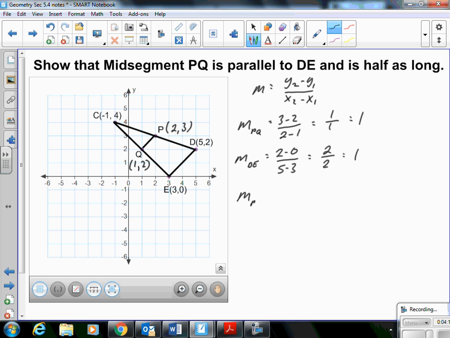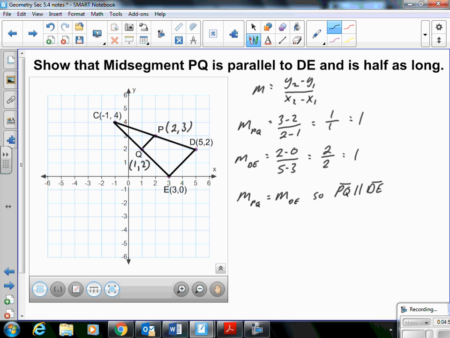So since the slope of PQ equals the slope of DE, we can say that PQ is parallel to DE. Since their slopes are the same, we know they're parallel. So we can check off the first part of that problem, showing that they're parallel.